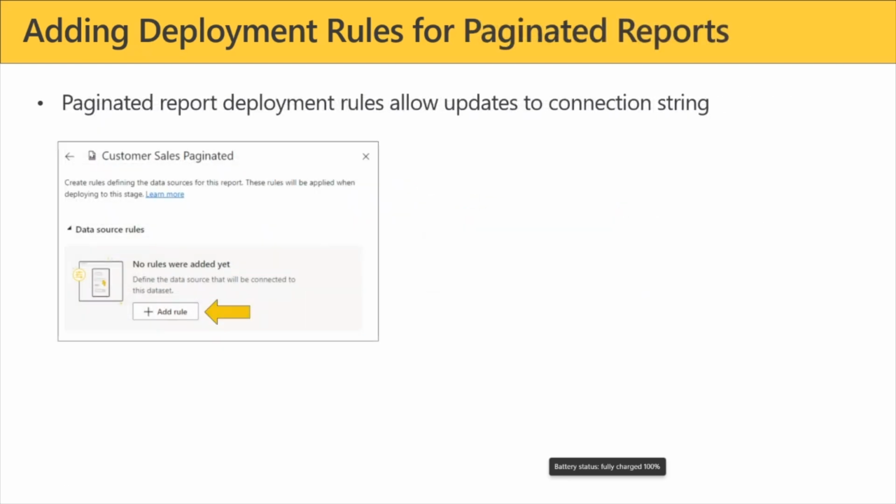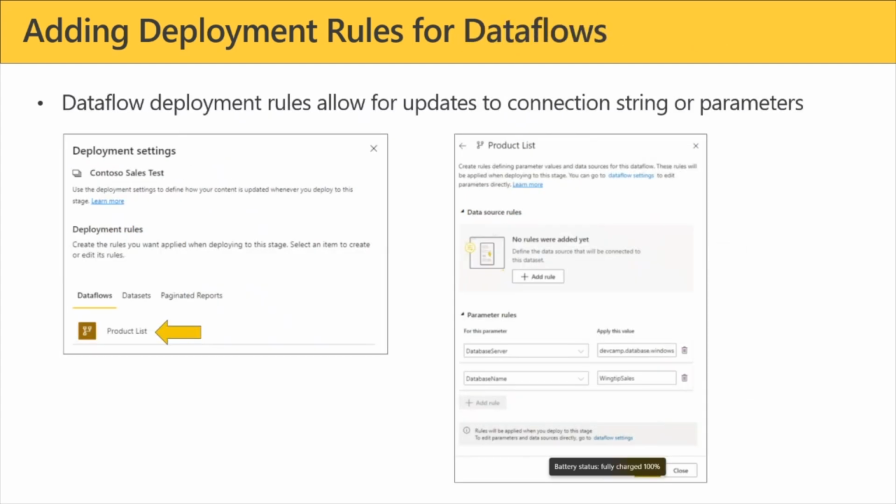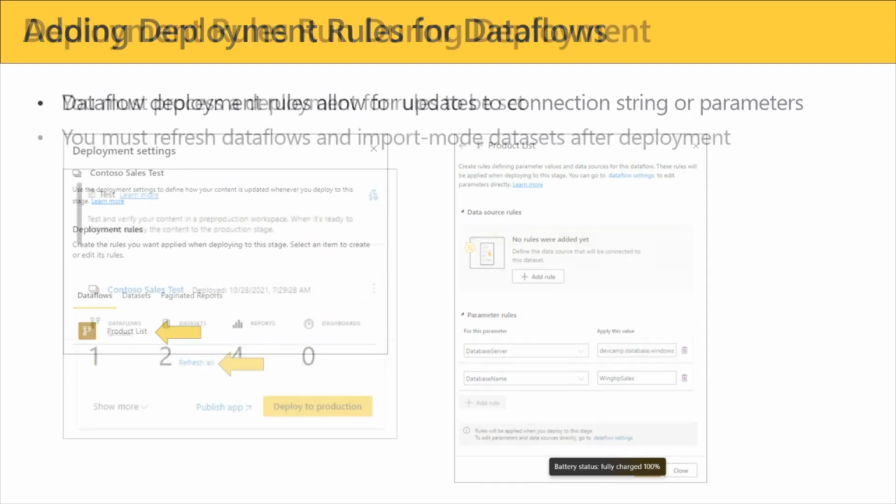Same thing for paginated reports, except they don't support parameters, but they support a way for you to examine each named data source and change the connect to information inside there. Note that for Power BI datasets, you have to run a refresh afterwards. For paginated reports that point right to the SQL database, there's no refresh, because it's basically pulling from the database in real time.